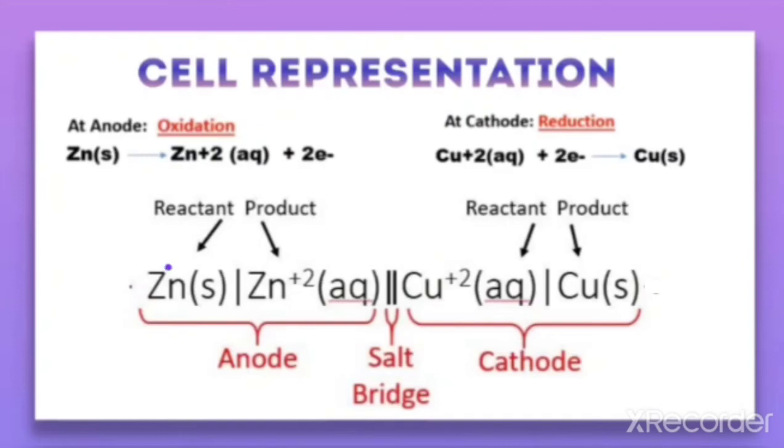Here zinc is the reactant bar zinc ion is the product. On the next side, copper ion is the reactant and copper is the product. So copper ion bar copper. So this is the cell representation.